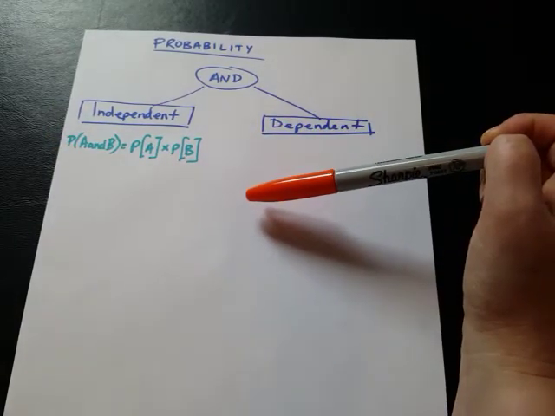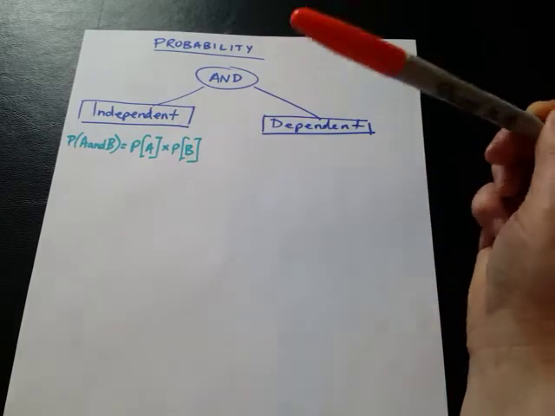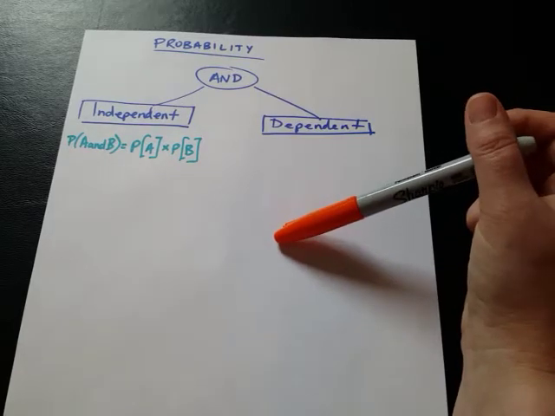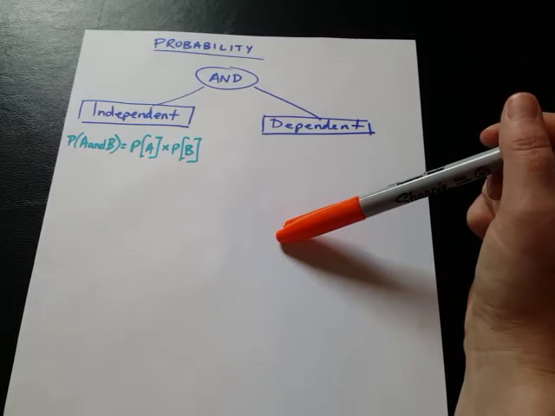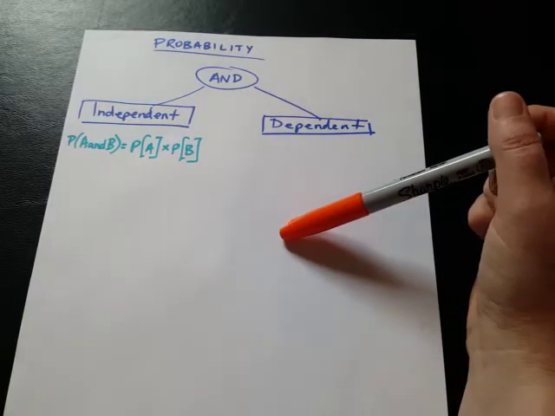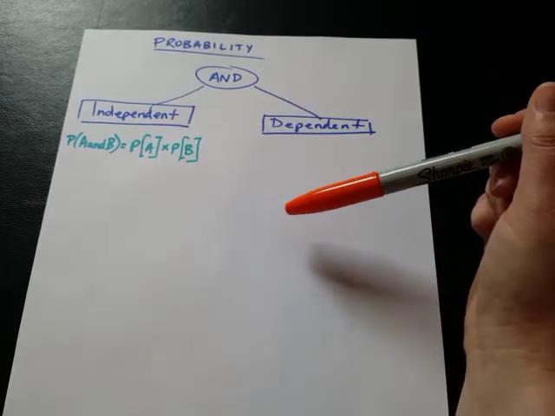And the probability of one thing happening does not affect the other thing happening. So an example might be, what is the chance that it snows outside, and what is the chance that the Winnipeg Jets win? Well, the outdoor snow has no effect on the Jets winning. So these events are really independent of each other.